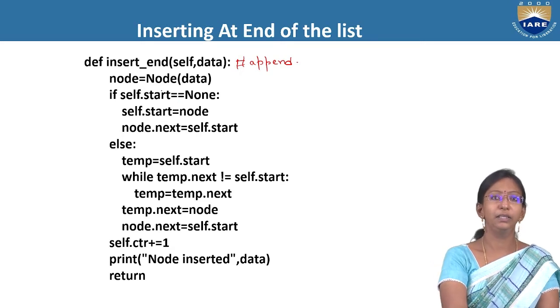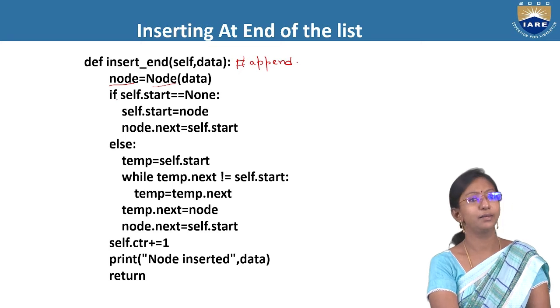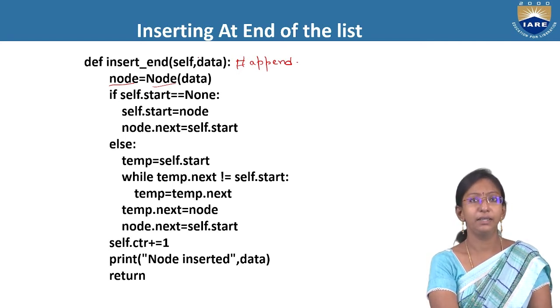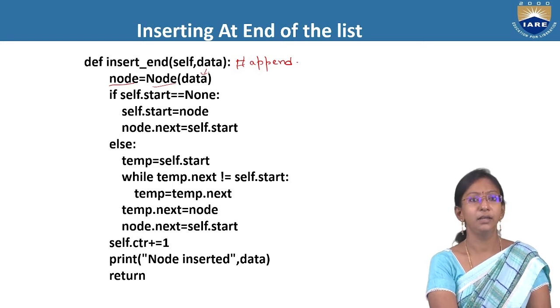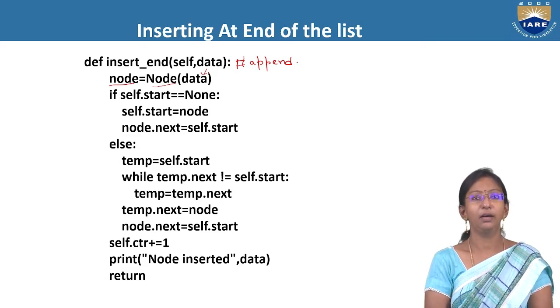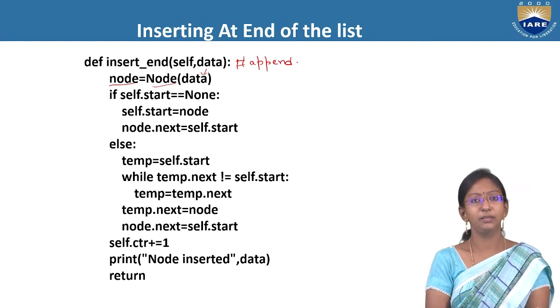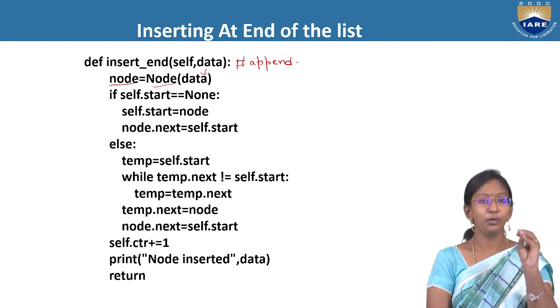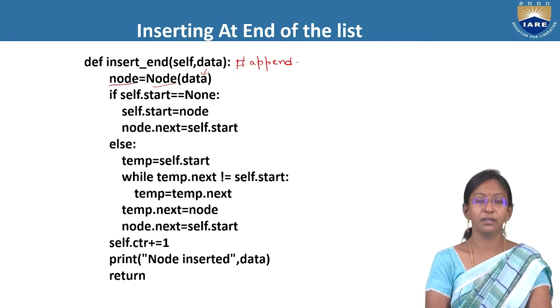First of all, take an object of class Node, and whatever data you pass to it, it is going to create a node with that. Here I have two cases. One is where the circular linked list is not yet created, and the node you have taken is the first node of its kind.